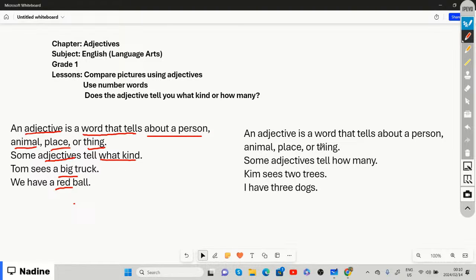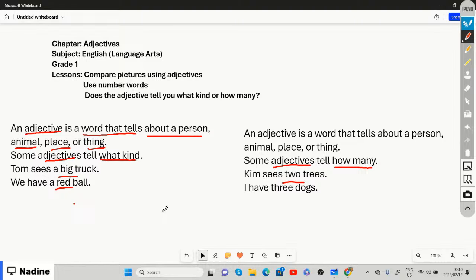And then we have adjectives that tell us how many. And how many is usually things that you can count. For example, Kim sees 2 trees. So basically, you ask yourself, how many trees did Kim see?